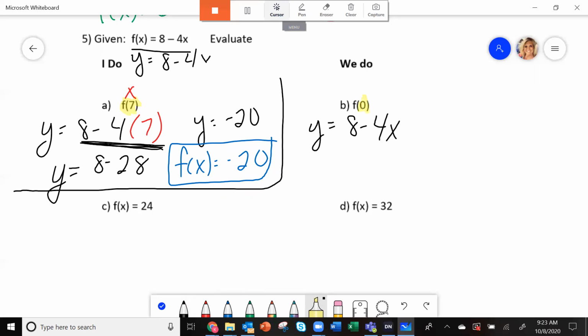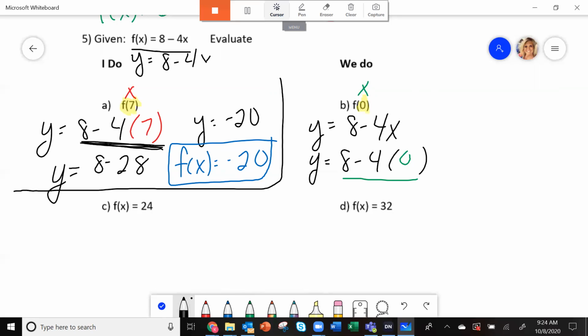It's saying f of 0. That is giving me my x value. So I'm going to rewrite this, y equals 8 minus 4 times 0. I'm going to put 0 in there. Now, evaluate this, simplify this.